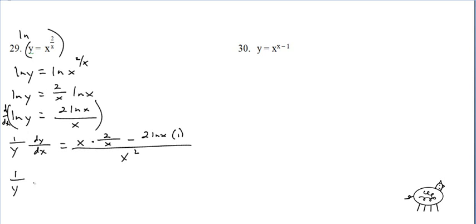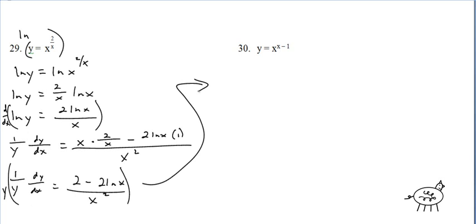So you get 1 over y dy dx is equal to 2 minus 2 ln of x over x squared. Okay, now we're almost done, right? We have it simplified. We'll just multiply both sides by y.